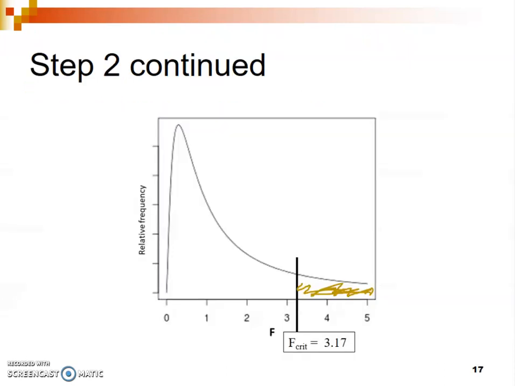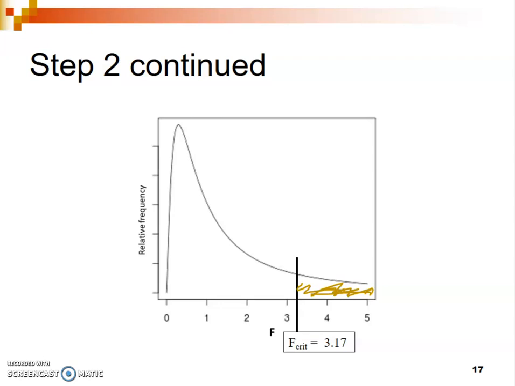So let's go ahead and draw out the distribution and identify where that score is in our distribution. Remember that in the last chapter we discussed how our F distribution looks pretty different from what our t and our normal distributions were. The F ratio is always going to be positive, and so the distribution of all the possible F values is always going to be this positively skewed distribution.